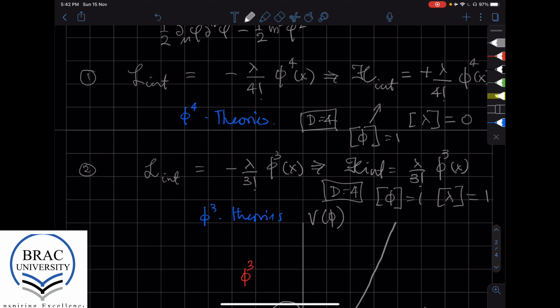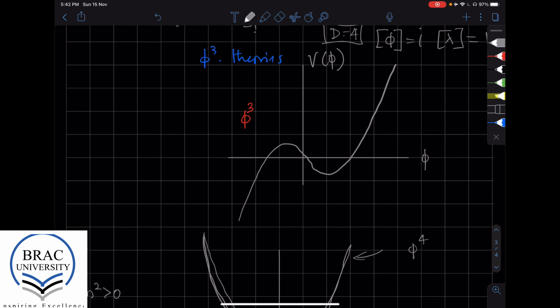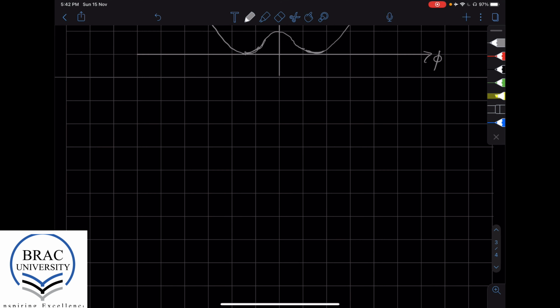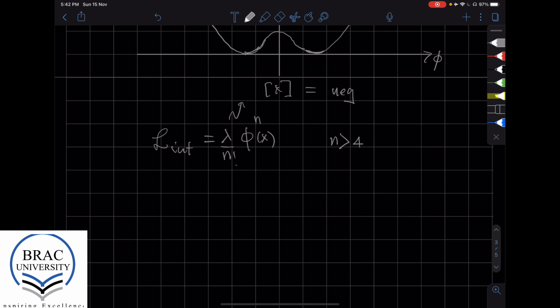And this actually brings us to another important statement, which I will go into detail later: interaction Lagrangians where the power of the polynomial in phi is greater than 4, in those Lagrangians, the coupling constant lambda will have negative mass dimensions.